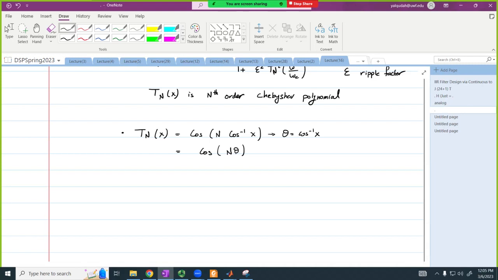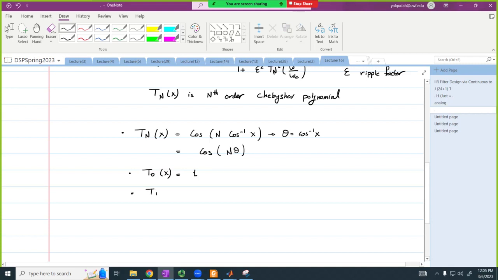And therefore, we can generate these polynomials. If I want T0 of x, what is T0 of x going to equal? 1. N is equal to 0, cosine of 0 is just going to equal 1.